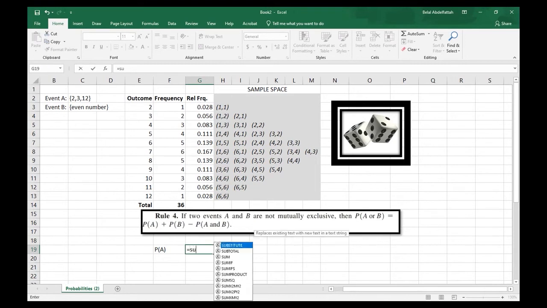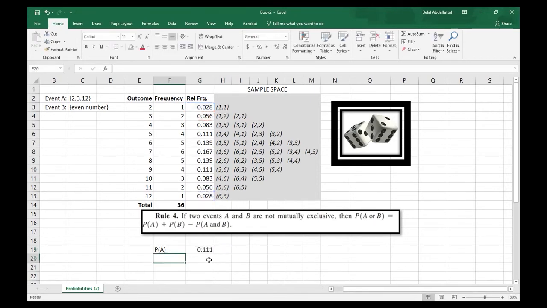So I'll go ahead and do a sum of all of those that relate to event A. So this one, and this one. So I'm going to sum that up, and the probability of A would represent about 11%.